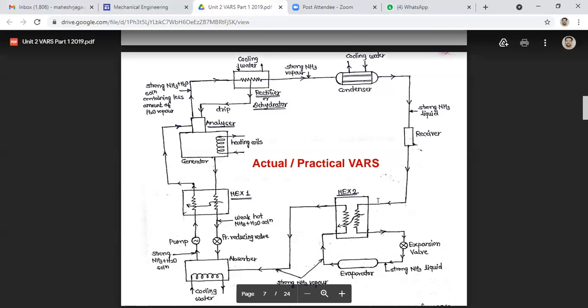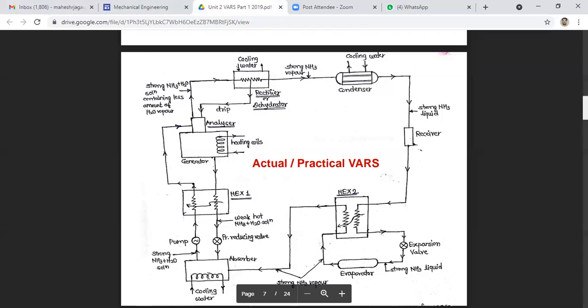So as we have seen previously, the strong ammonia solution is supplied to the absorber. From the absorber, pumping action takes place, and after pumping, it enters the heat exchanger. So it will absorb the heat from this weak solution, and it will be supplied to the analyzer. In the analyzer, again perforated trays are provided, and only vapors will be supplied.